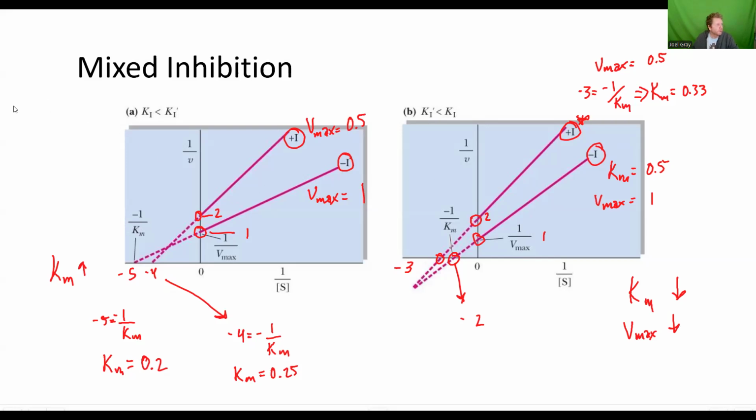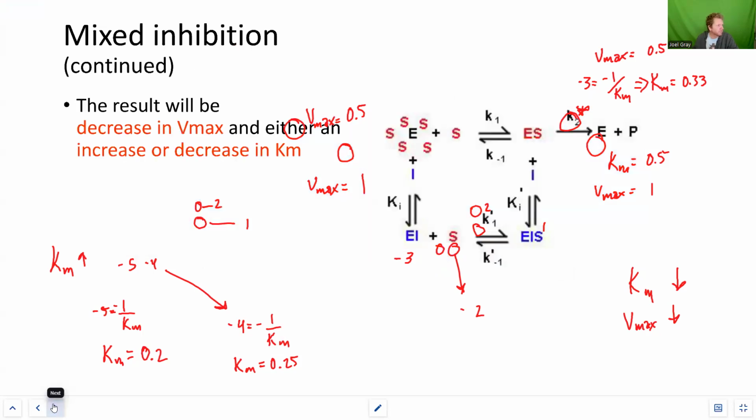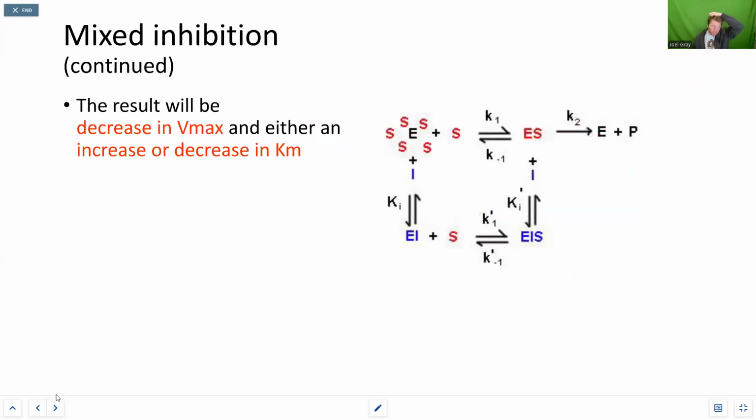Now, the other situation that we can talk about and that's relevant is, let me clear all my drawings. So this is effectively what we've talked about. Our decrease in Vmax and an increase or decrease in Km is a hallmark of a mixed inhibitor, or of mixed inhibition.